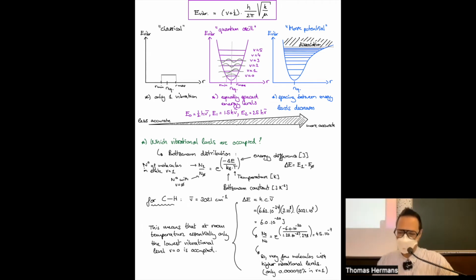Okay, so this, let's call it the quantum Hooke's law. And so the derivation of these energies comes from a model that's called the quantum oscillator.